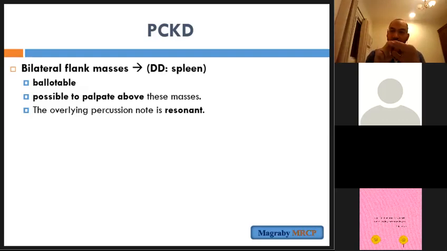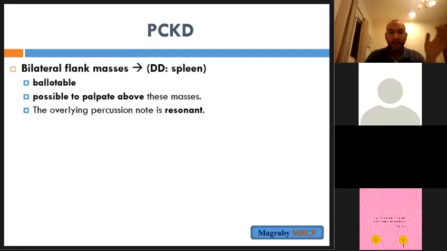And if you do percussion, the percussion note over the kidney will be resonant because the kidney is retroperitoneal and the intestinal lumen is in front of it. But the percussion of the spleen is usually dull. Okay, these are the main four items for differentiating between the spleen and the kidney.